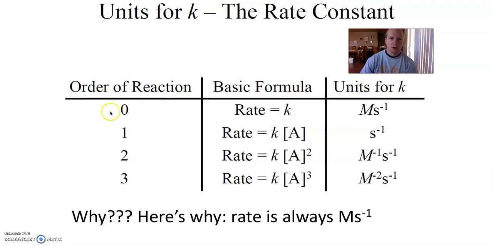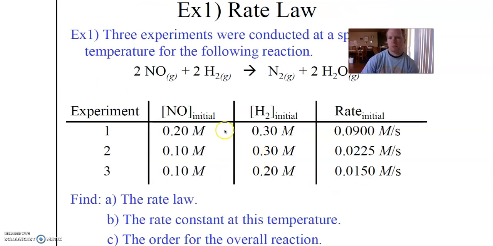So K, not only is K different for every reaction and at every temperature, it also has different units because we always need to have the rate be molarity per second, right? So if it's a 0 order reaction, K has these units so that we can cancel units and get to molarity per second, the correct rate.